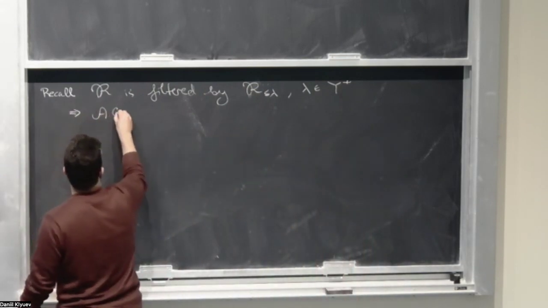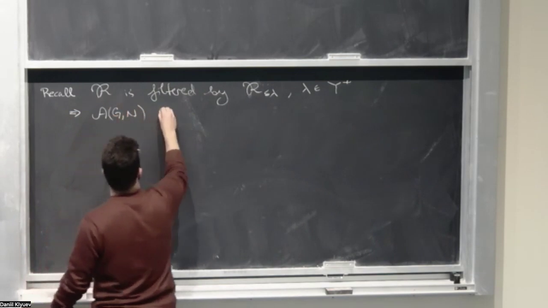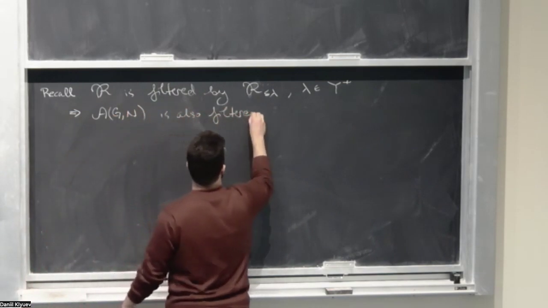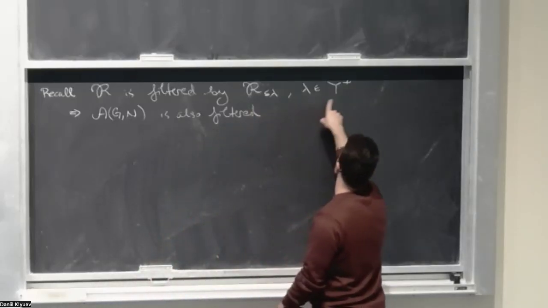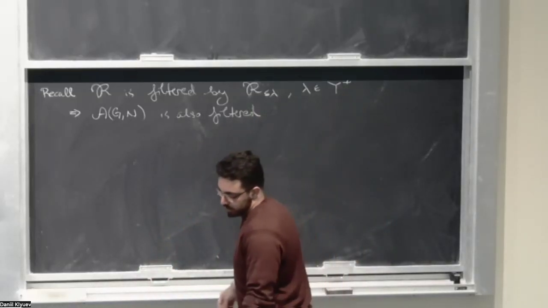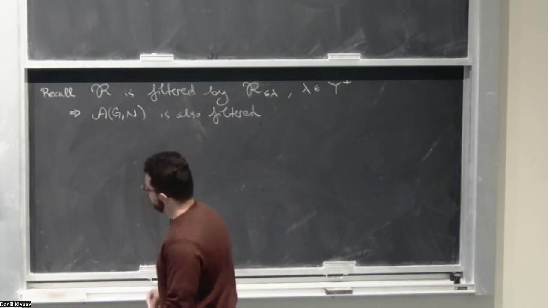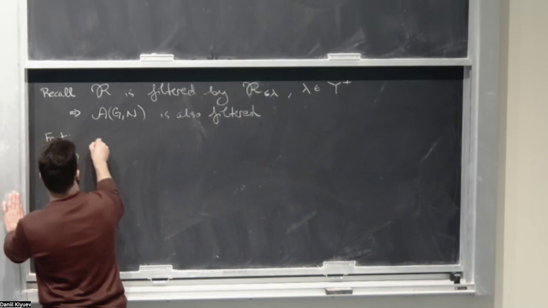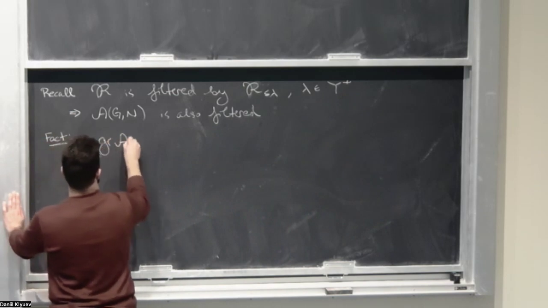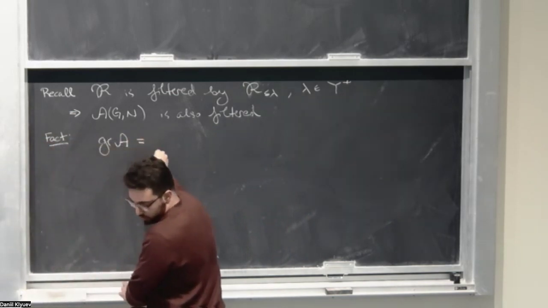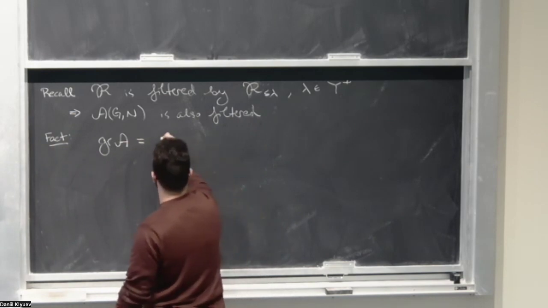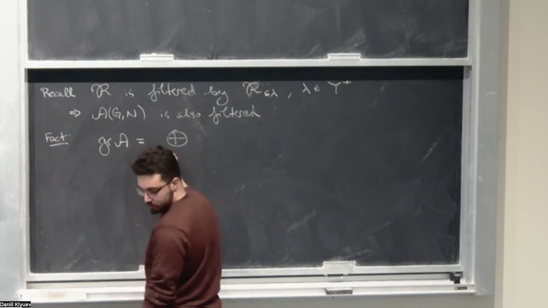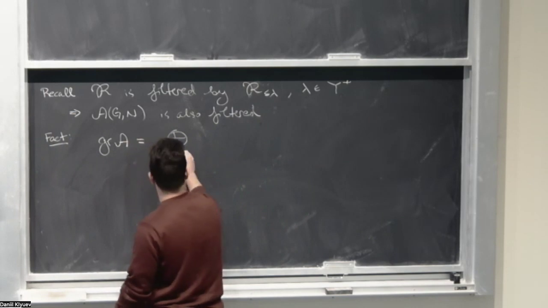You get AGN is also filtered. And the associated graded is created by Y plus. Maybe fact: GR A as a module over the equivariant homology point is like this.